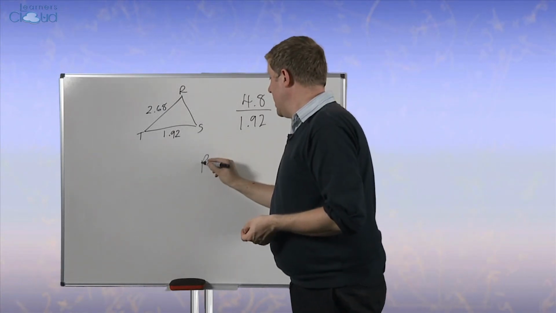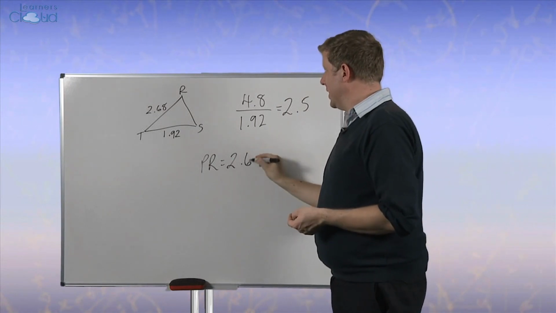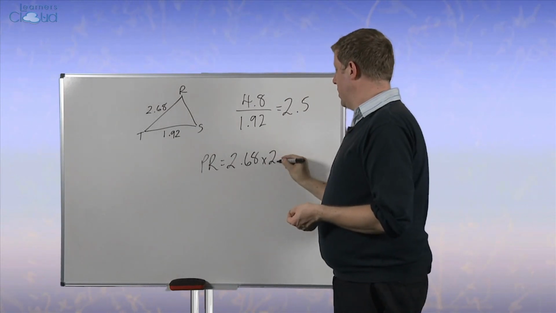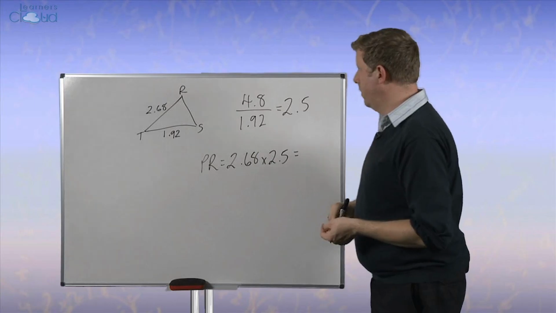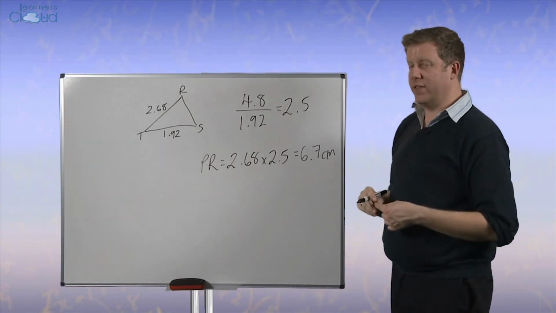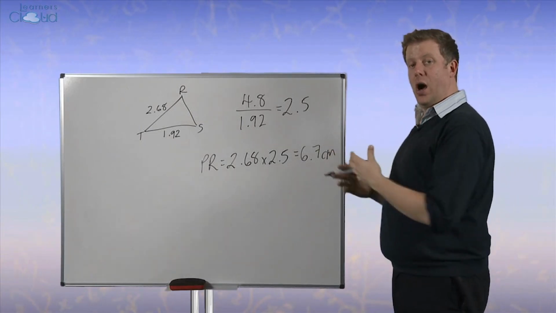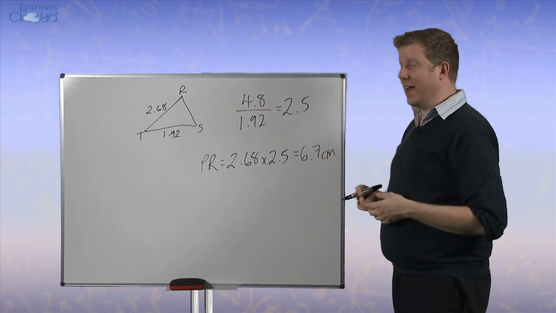So therefore PR is equal to 2.68 multiplied by 2.5, and that gives us an answer of 6.7 centimetres. So because I was going from the smaller to the larger, I multiplied by the scale factor.